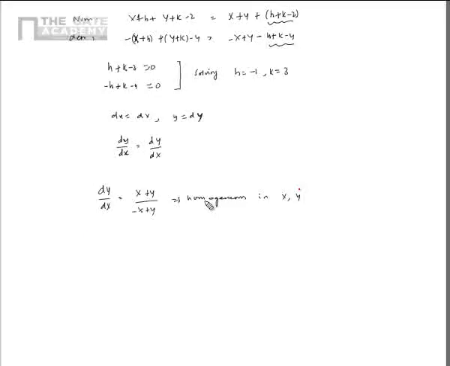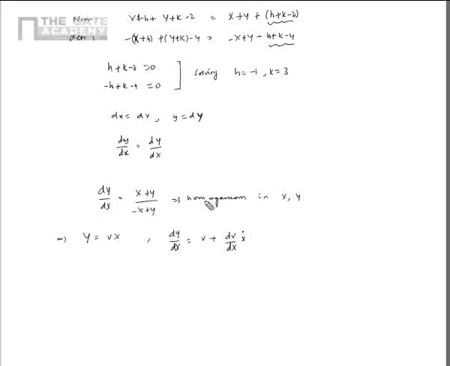Now the same thing, I'll just employ the homogeneous method where Y is equal to vX, and therefore dY by dX is equal to v plus X into dv by dX, all these are capital now. You need to just substitute this back.